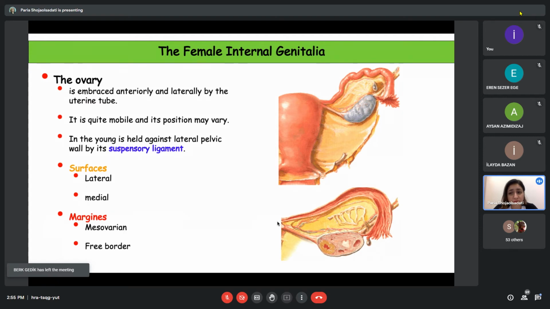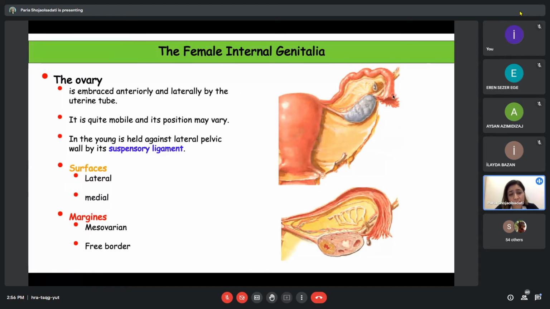You can see it clearly in this photo. Excuse me, let me take my laser pointer. You can see the close neighborhood of the lateral pole of the ovarium and the last part of the tube with each other.